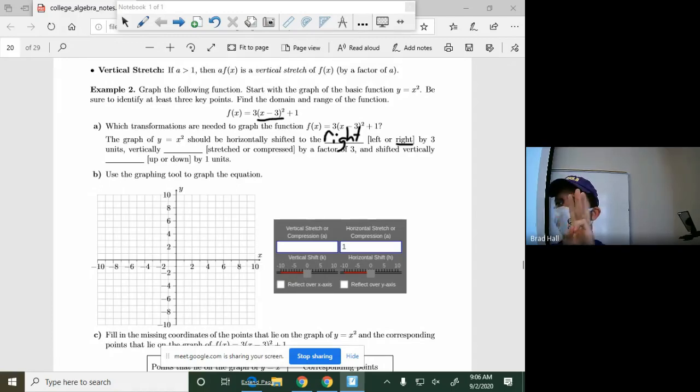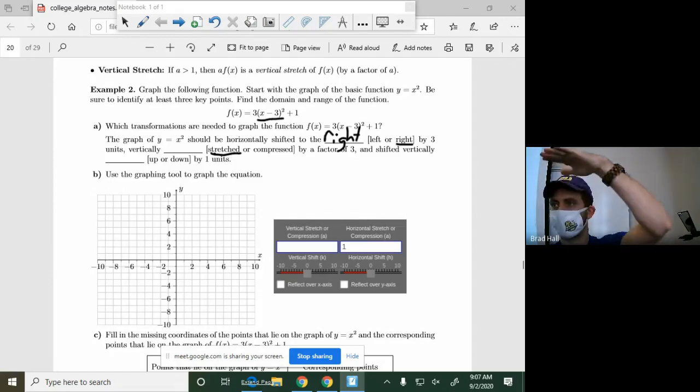We're multiplying by 3, which is greater than 1. That means that would be a stretch. So stretch would be for the next one by a factor of 3.